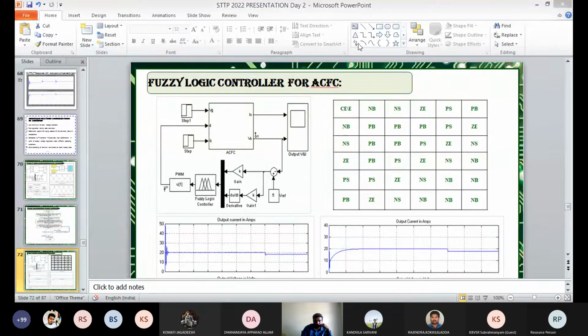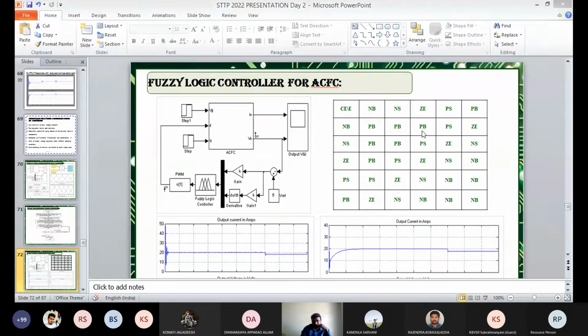That means your error is plus 10 and the changing error is also plus 10, so both are positive big. At that instant, in the case of bike riding, you need to reduce the acceleration. Reducing the acceleration is nothing but negative big. So you need to put negative big here.